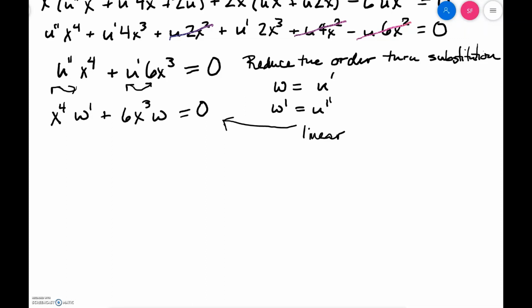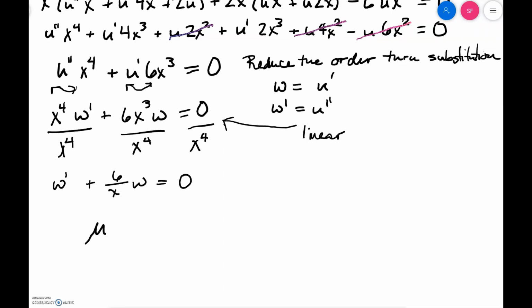And so going back to the beginning of the semester, we have a process for that. The first step of that process is to get rid of this coefficient here. How do we get rid of this coefficient? We divide by that coefficient. So now we've got w prime plus 6 over x w still equals 0.